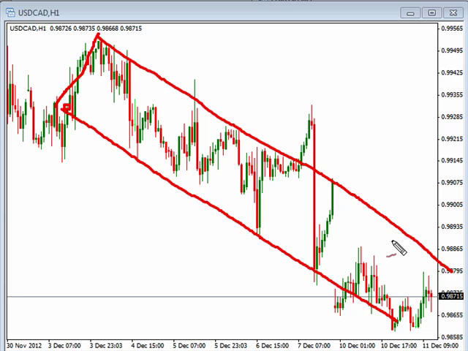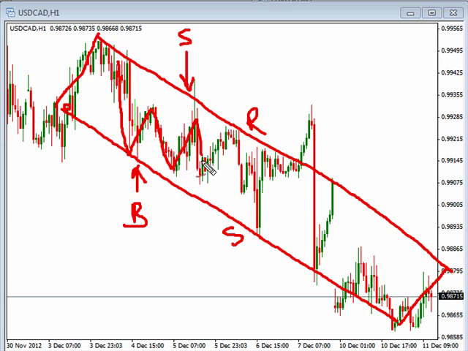And if we make this our box, our resistance, our support, and we get our buyers and sellers coming into play here, it just fluctuates within this range.